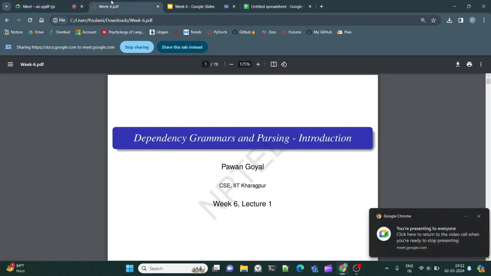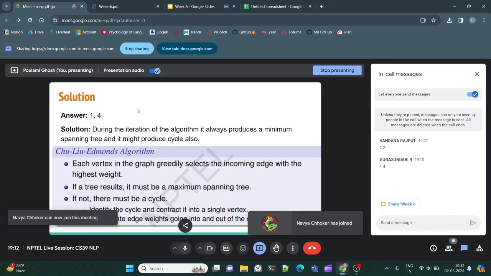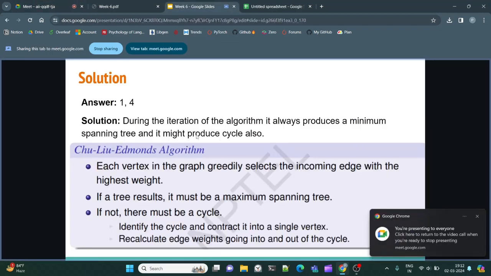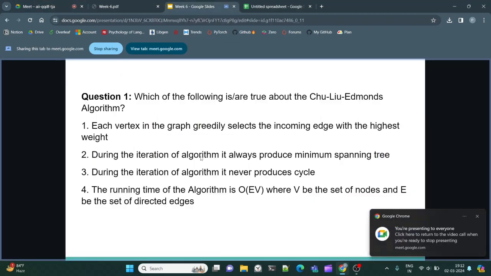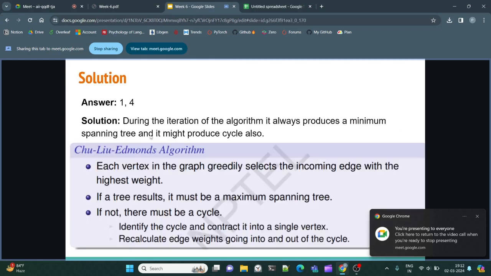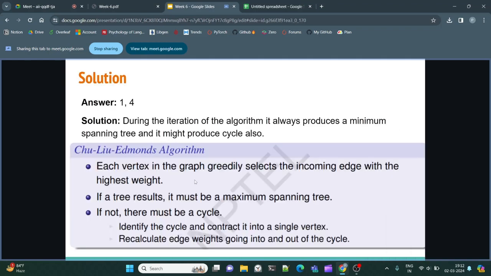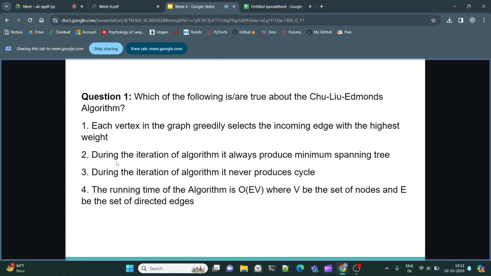So which of the options would be correct? The first option directly aligns with the first step of the algorithm, so option one is correct. The second option says that during the iteration it always produces a minimum spanning tree. That's not necessarily the case; it may or may not produce one. If it does, well and good.